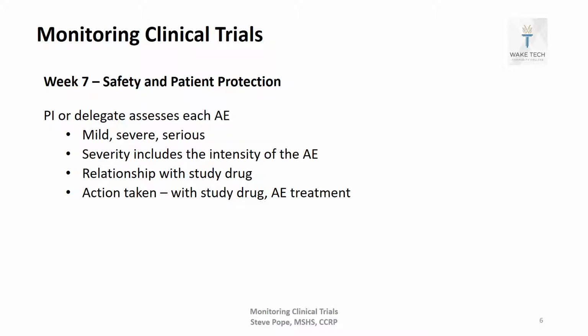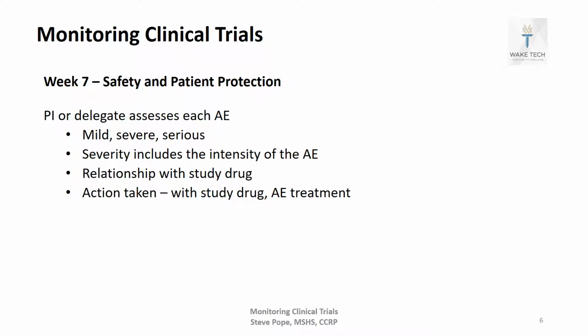And then the PI will also assess the relationship to the study drug. That is something that could potentially change over the course of time as the adverse event gets more review and we learn more about adverse events and how they occur with this particular study medication.